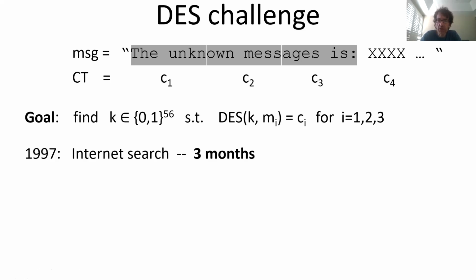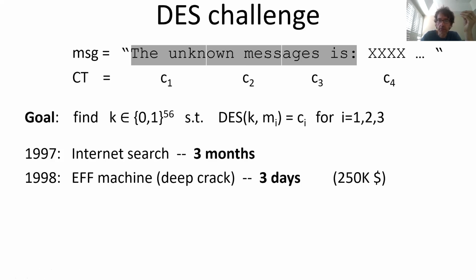So a long time ago, searching the 2 to the 56 size space of possible DES keys and performing DES operations on all of them took a significant amount of time using distributed resources.